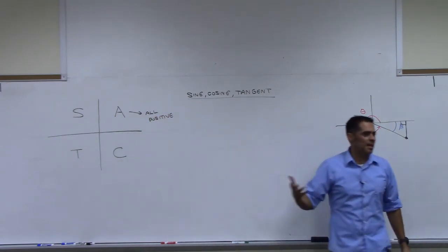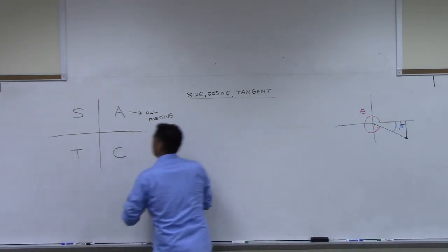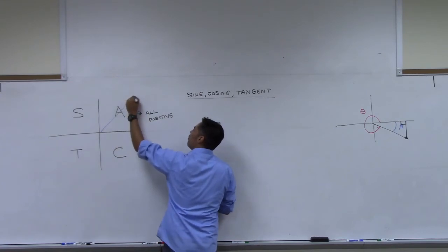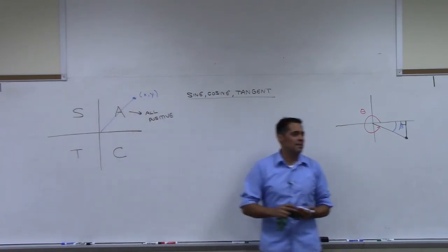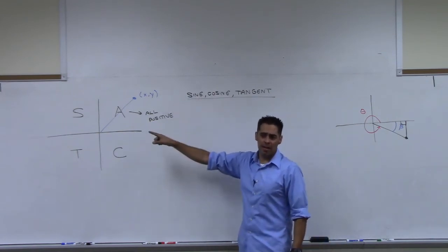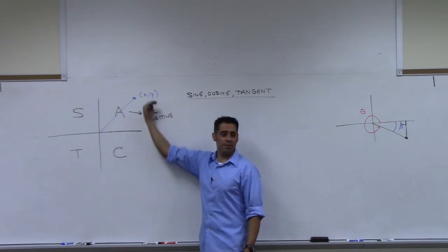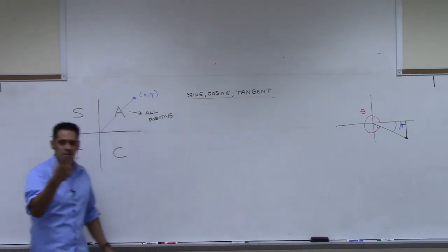Now, does it make sense that that would be the case? Imagine that I have a point here, I have an x and I have a y. The radius is always positive, right? If I take sine, it's y over radius. Over here, the y coordinate is positive. So you have a positive y coordinate and a positive radius. The ratio should be positive.